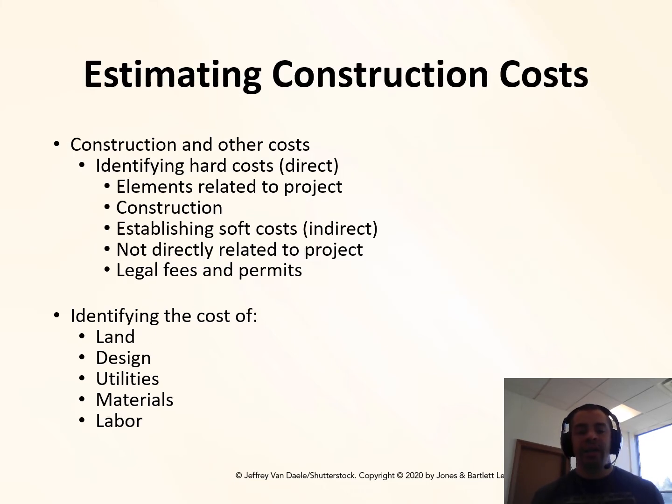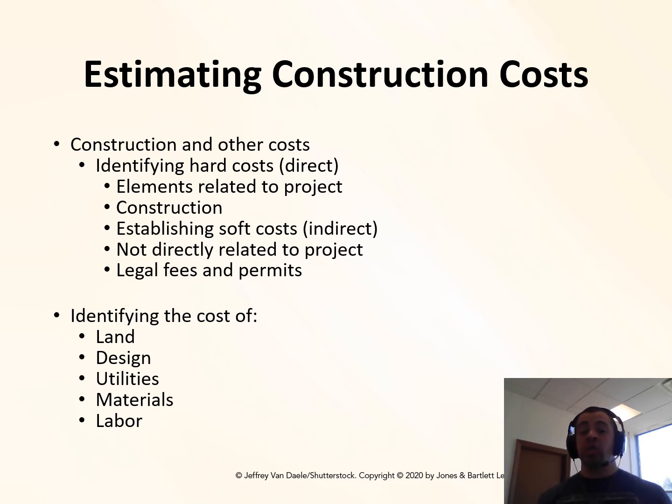So when you're putting together a pro forma for a facility that you are looking to build or land that you are looking to purchase, you have to estimate the construction costs. Your text breaks it down into 2 different areas, hard costs versus soft costs. Hard costs are elements that are directly related to your project, most notably construction supplies, construction labor, all of those things.